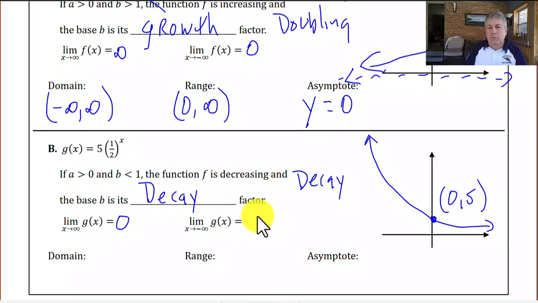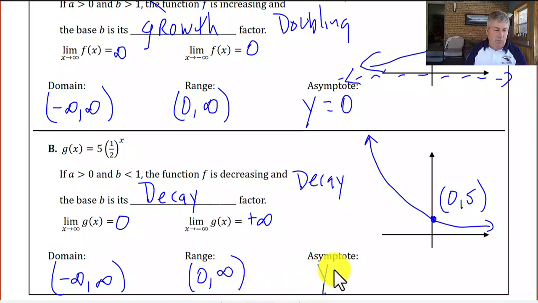Our product is decaying or decreasing. And the limit as x approaches negative infinity would be going to positive infinity. Our domain, again, is all real numbers. Our range, again, we won't have any y's that are at 0 or below.